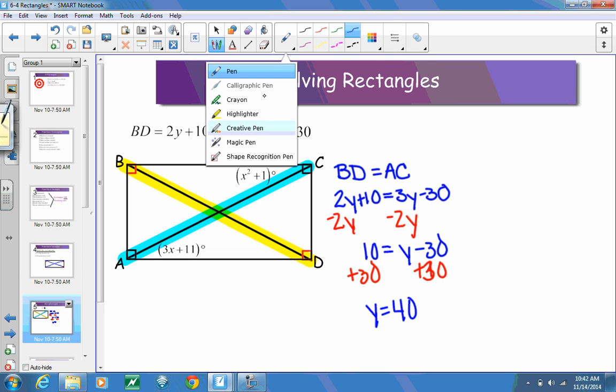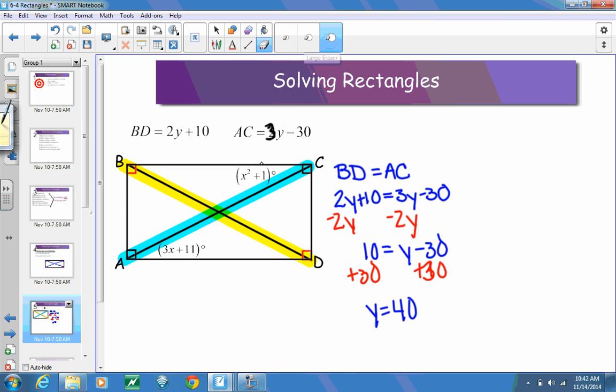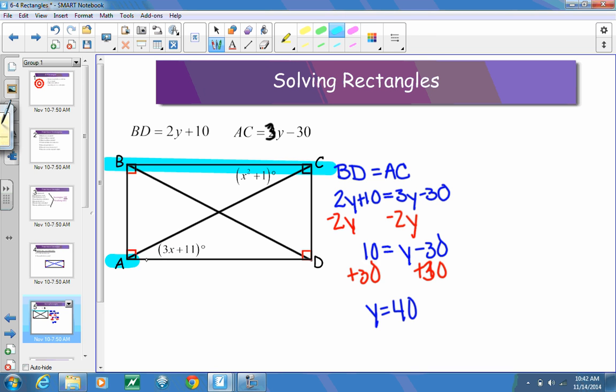Then if I'm trying to solve for x, now with those diagonals, we know that diagonals are congruent. We know from our properties of a parallelogram that a rectangle has opposite sides that are parallel to each other. So even though BC and AD are congruent to each other, they're also parallel to each other. Well, with that being said, now this diagonal is acting like a transversal line.